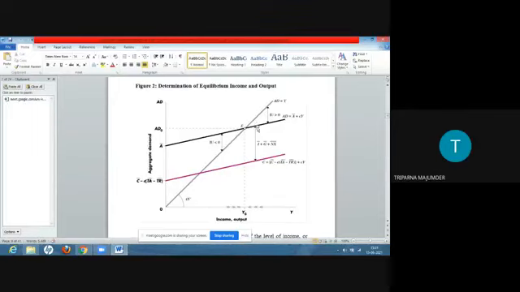This implies that it will be shifting like this. From A bar, we'll have a steeper curve. Now, this steeper curve will intersect the 45-degree line at a higher point, giving us a higher level of income.